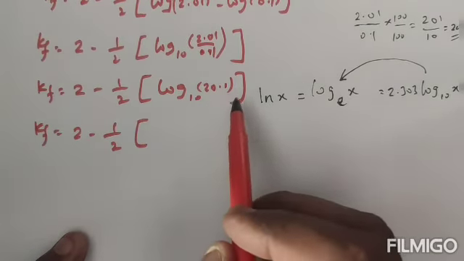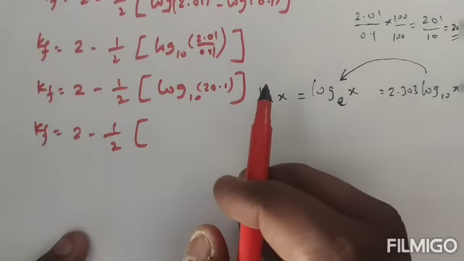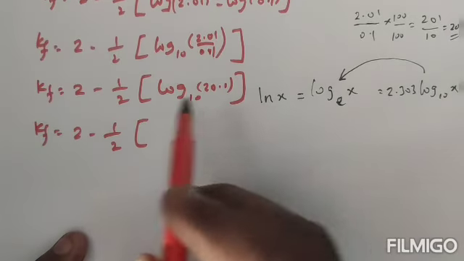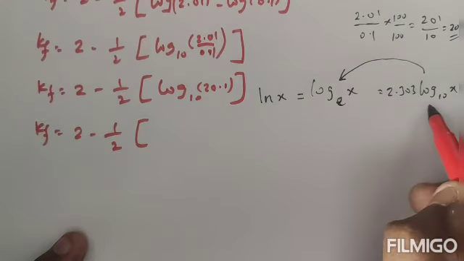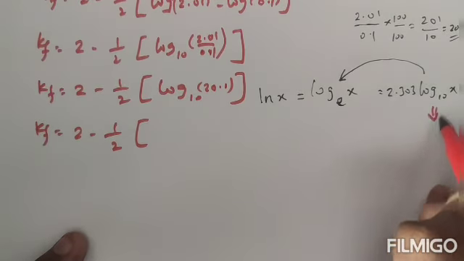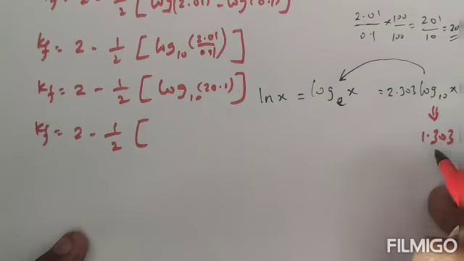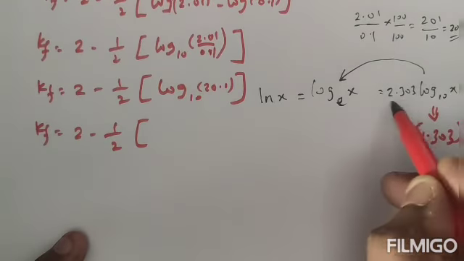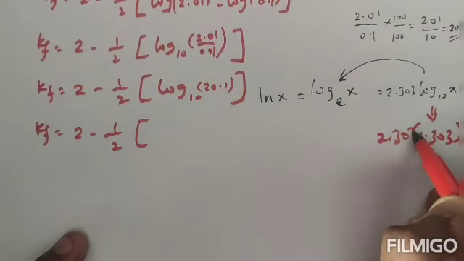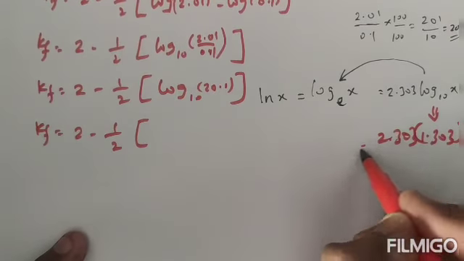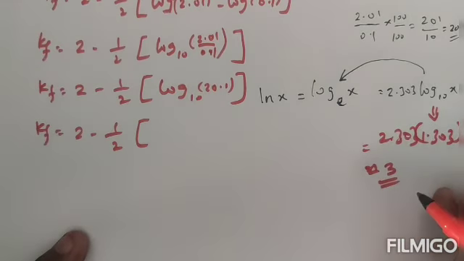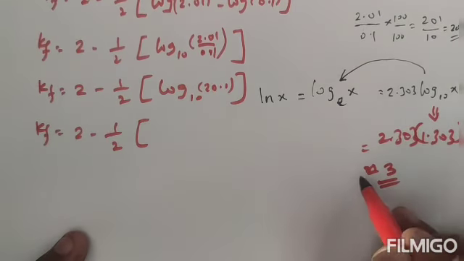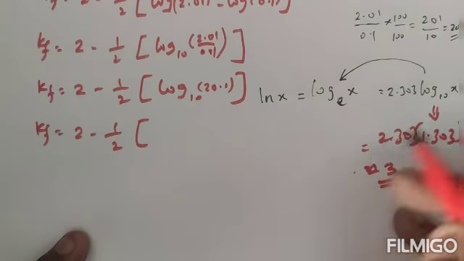So first we found this value, log base 10 value. So log 20.1 is equal to 1.303. This value multiplied with 2.303, that is approximately equal to 3. So this 3 only is equal to log e power x.